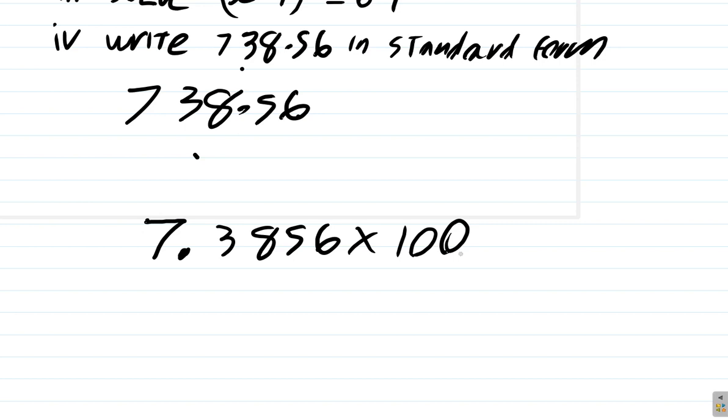What you must do is write as 10 raised to a power. So it's 7.3856 by 10 raised to the power of, to what power you raise 10 to get 100? It's 2. So there you have it. That is the answer here. 7.3856 by 10 squared. So that's it for this part of the question.